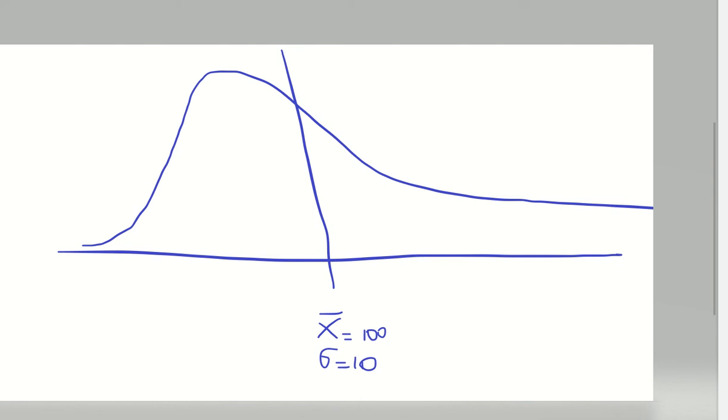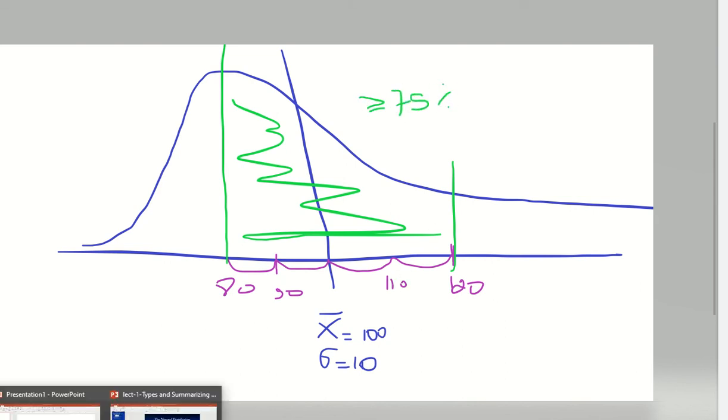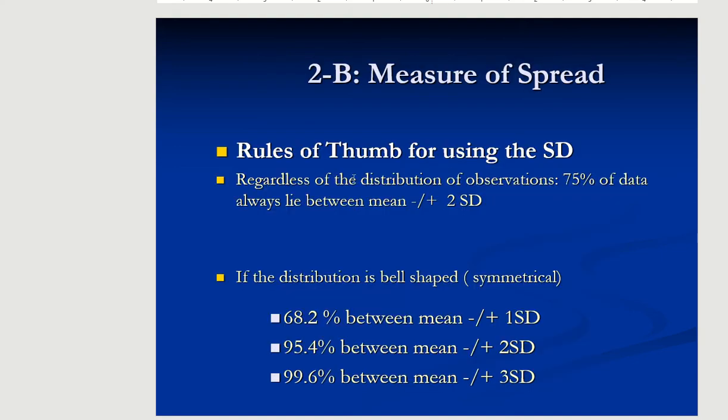Okay, so that means according to the rule of thumb, if you go one standard deviation up and another standard deviation up, so that's 110, this is 120 right here. And if you go one standard deviation down and another standard deviation down, so that's 90 and 80. According to the rule of thumb, between 80 and 120, this area here in between is at least, greater than or equal to 75%. And this is coming from what I said right here. Okay?